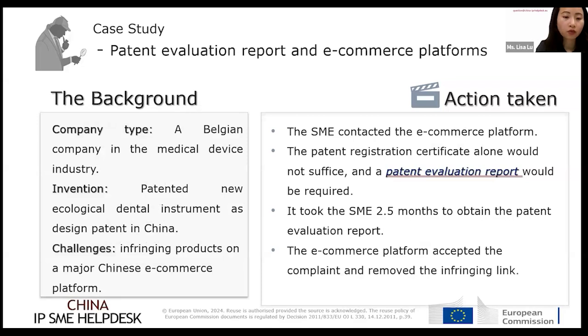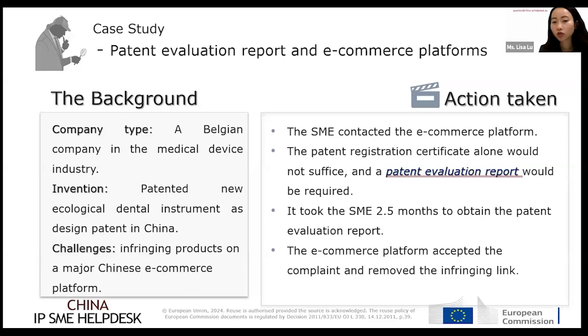They invented dental instruments, and they protected them as an industrial design patent in China. The challenge they had is they found infringing products on a major Chinese e-commerce platform. So they wanted to remove this infringing product from the platform, and they contacted the platform to ask if they could remove it.